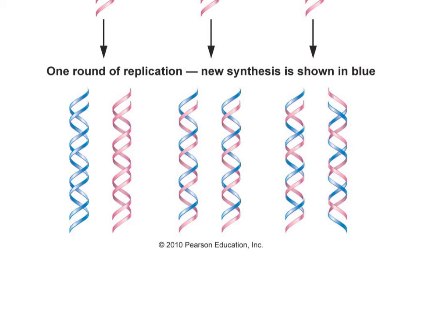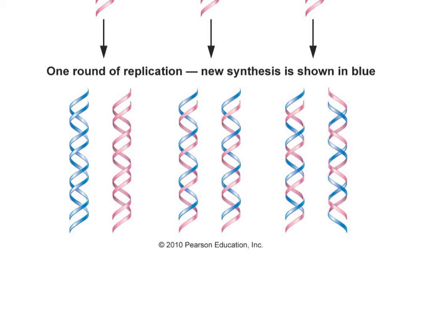The third, on the far right, dispersive replication, is kind of a mix of both. Each of those double-stranded molecules is part pink and part blue, but in each section, both strands are blue or pink. Little chunks of it are original on each double-stranded chromosome, and some segments are double-stranded new DNA.